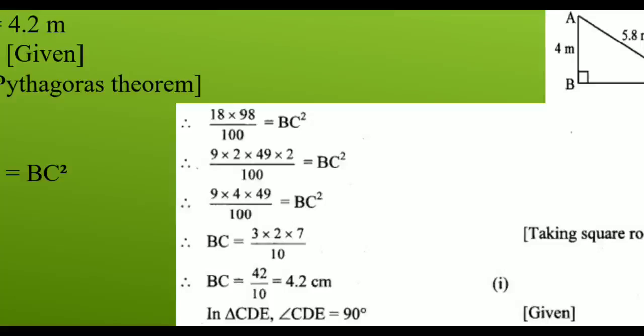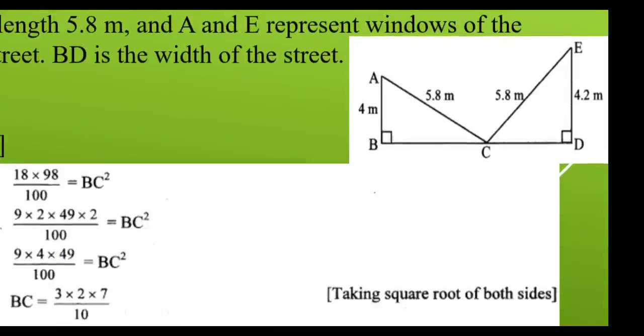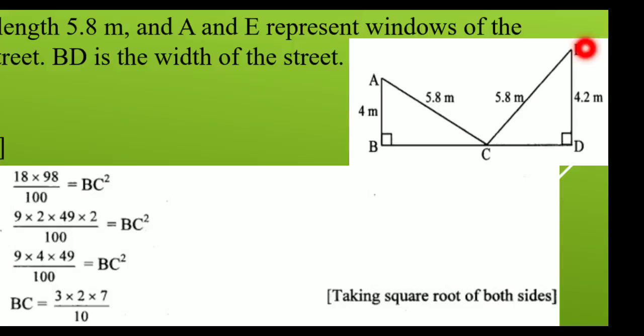BC value is 4.2. Now I am going to take triangle CDE. Where is this triangle? Triangle CDE. And I am going to do the same method that I have solved right now.